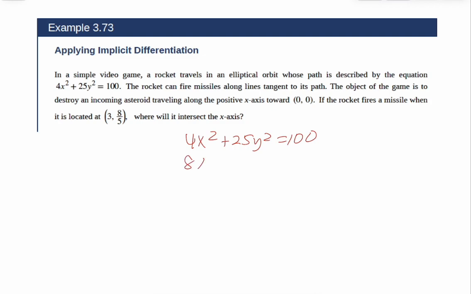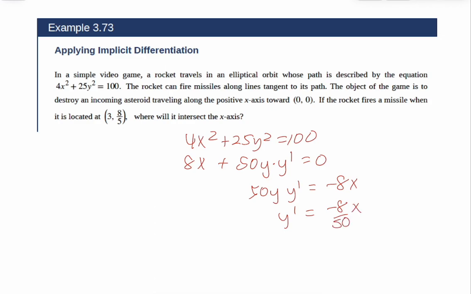So we get 8x plus 50y, y prime equals 0. Now, if we solve that for y prime, that one's a little nicer even than the last one. We can subtract off the 8x and divide by 50y. Now, both 8 and 50 are divisible by 2, so I would divide by 2. You don't have to, but when you simplify the slope of the tangent, you will find that.